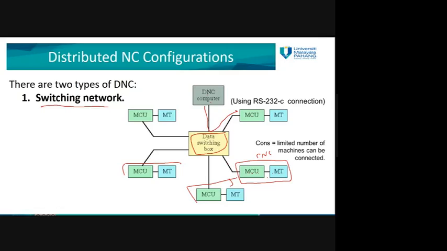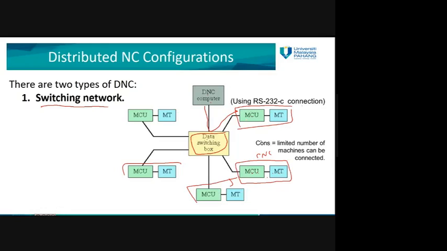It will not send it to the wrong machine. So we call it the data switching box. Usually it depends on addressing, like we use an IP address in a normal network, or a MAC address and so on, so it will send the data to this CNC machine. The connection usually uses RS232C here. This is the type of connection.